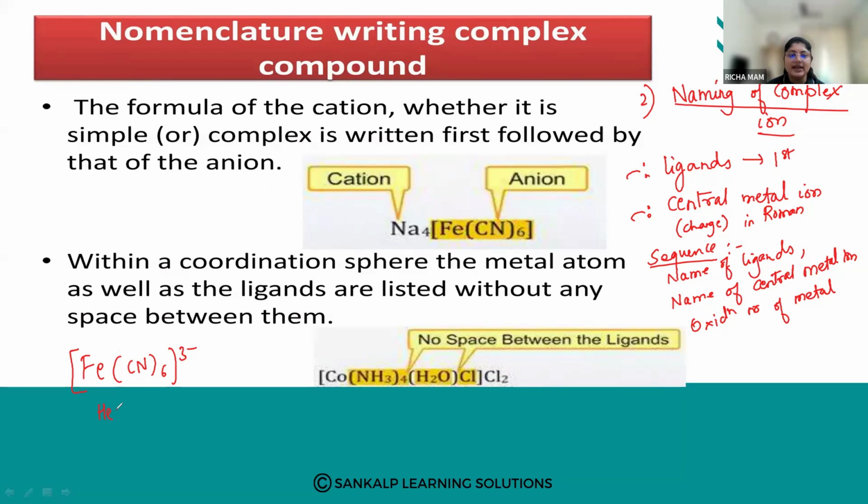Six means hexa. Hexacyanido. Then ferrate. What is the charge of ferrate? Find out: x + 6 × (-1) = -3. What is the charge?